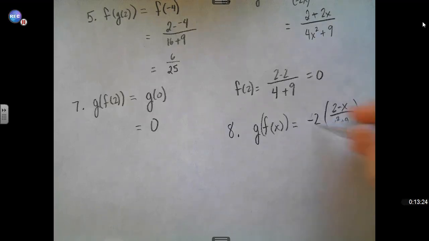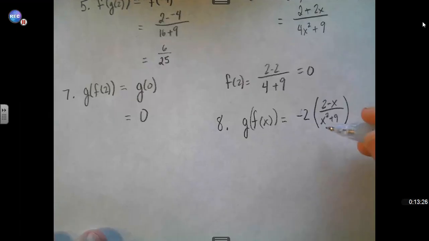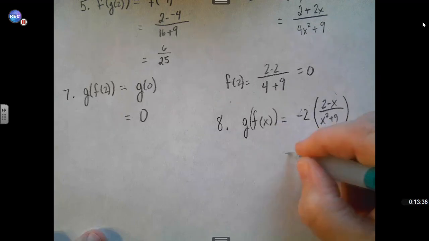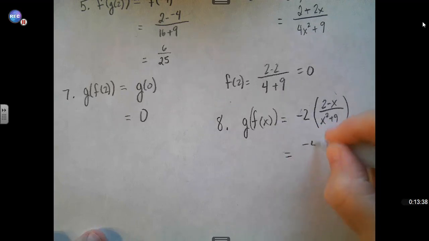Well, that fraction there, looking that way, isn't going to simplify. To simplify this, I just need to distribute this 2 to the numerator. Okay, so simplified, this will be negative 4 plus 2x over x squared plus 9.